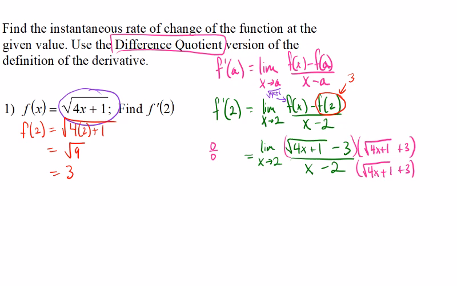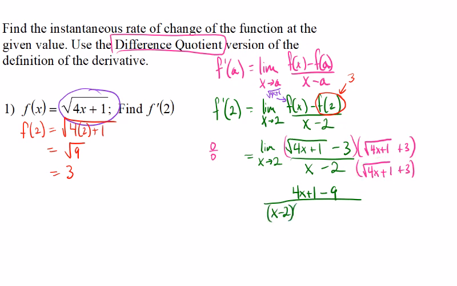Okay. And so remember, when we multiply conjugates, we get a squared minus b squared. If I square that square root, I'm just going to have 4x plus 1, and then I'll get minus 9, since 3 squared is 9. And then on the bottom, we're going to get this big mess, x minus 2 times all of this.